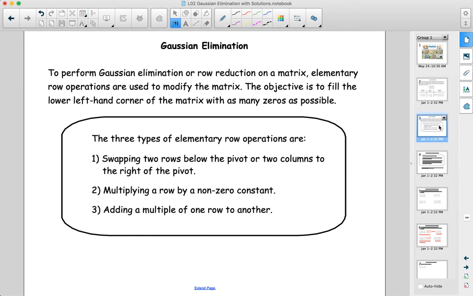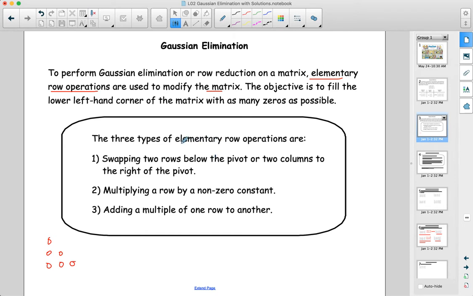To perform Gaussian elimination or row reduction on the matrix, we're going to use what are called elementary row operations to modify the matrix. And the objective in Gaussian elimination is to fill the lower left corner with zeros. That's what we're going to be trying to do, and I'll explain how to do that in a few minutes.